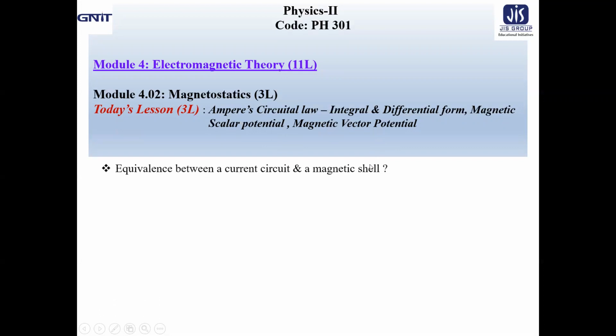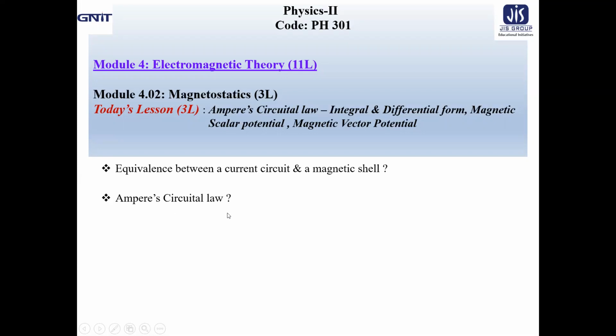Now, the questionnaire which we will address today in our lesson is the equivalence between a current circuit and a magnetic shell. Before going to Ampere's circuital law, we will take a look at this equivalence. Next, we will go for Ampere's circuital law.